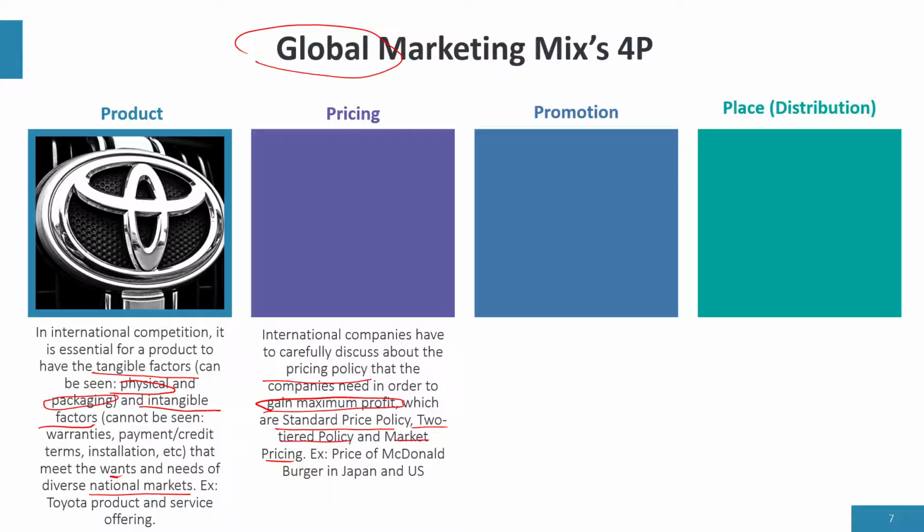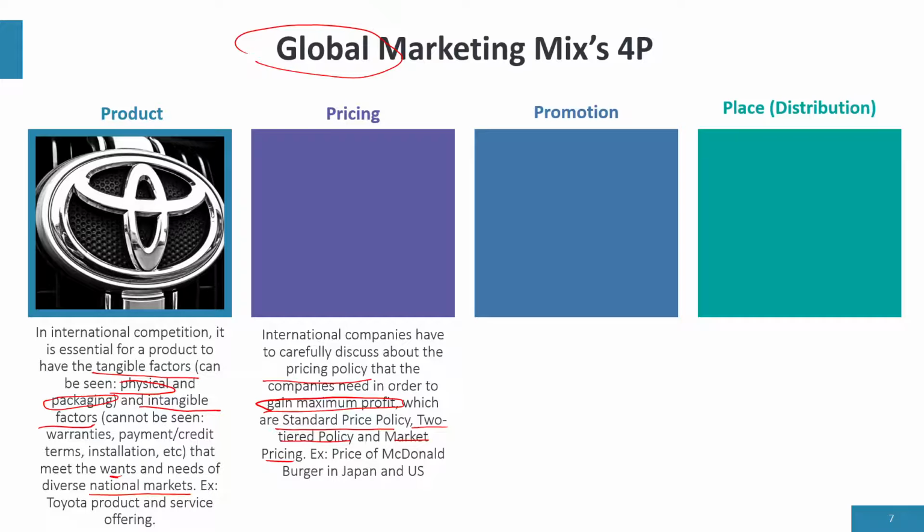The standard price policy means that the company standardizes their product price. For example, the price in Japan is almost the same as the price in the United States. That's the standard price policy. And for the two-tier policy, they have two types of price.